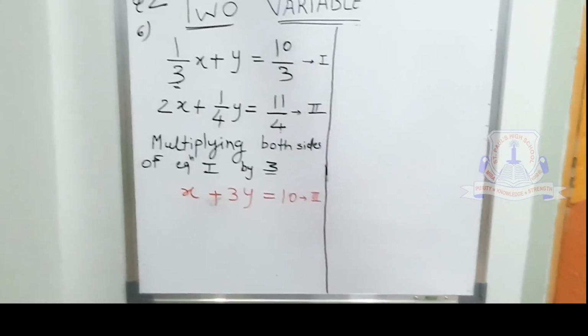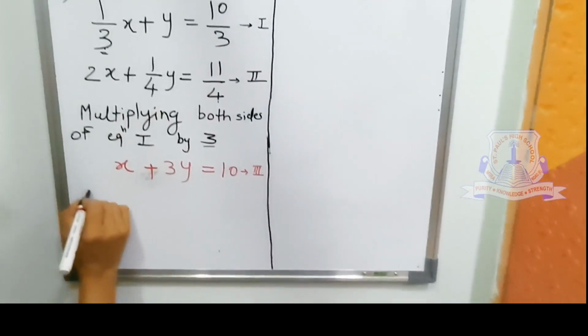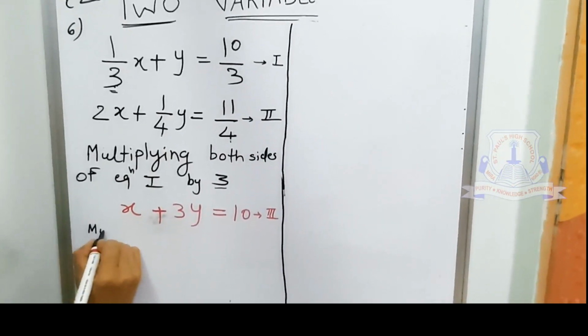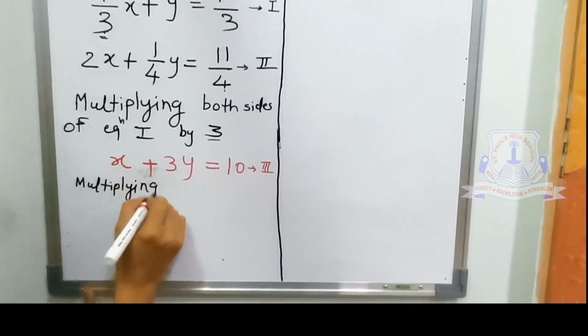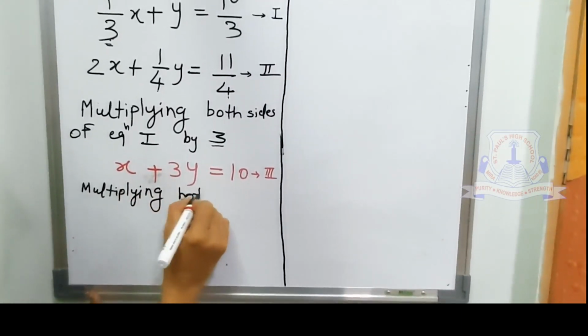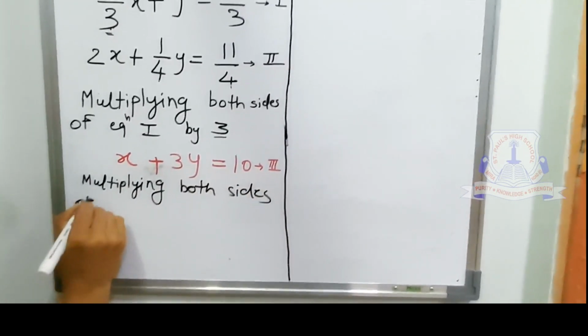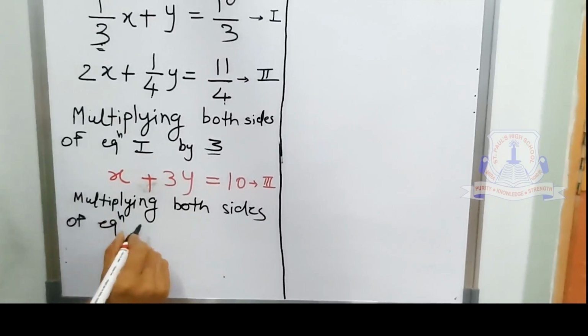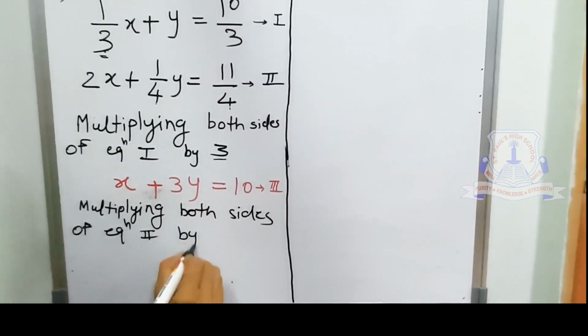Now in equation number 2 we need to multiply by 4 on both sides. So let us write multiplying both sides of equation 2 by 4.